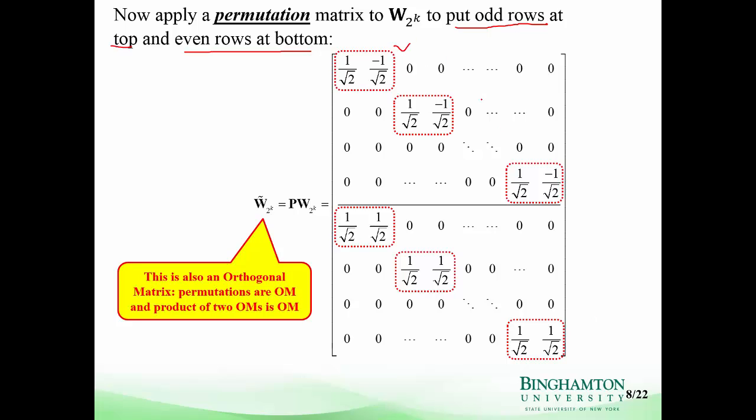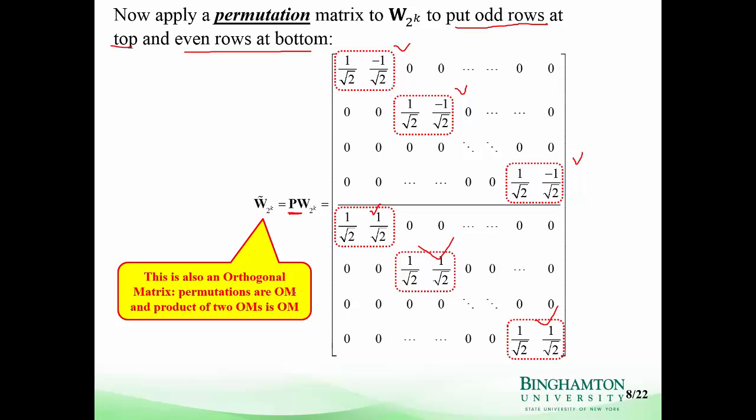So we put all the odd indexed rows up here, so that's all the rows that have a negative in them. And then down here we put all the rows that just have positive elements in them. And so there's some appropriate permutation matrix that does that. It's not important what it looks like because we can easily just write down the structure.